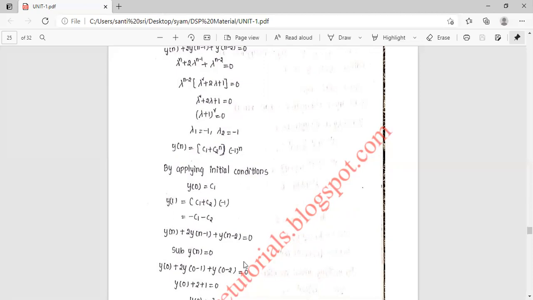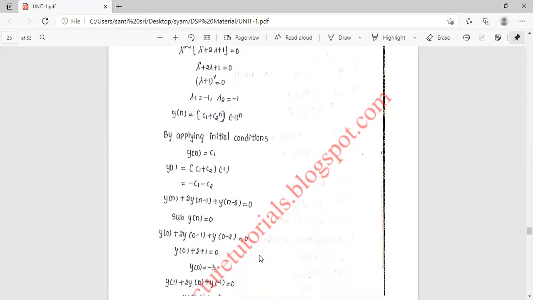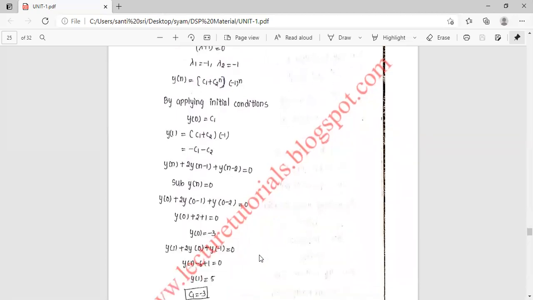So y of 0 is minus 3, then replace n by 1, so it will become y of 1 minus 6 minus 1 equal to 0, so y of 1 equal to 5.